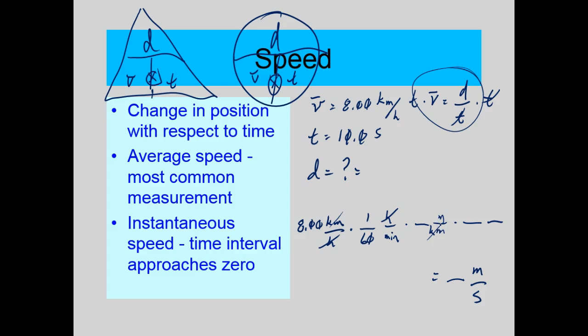Now, does anyone know how many meters in a kilometer or how many kilometers in a meter? You sure should. What does the prefix kilo stand for? Kilo. 1,000. So it'll be 1,000 meters in 1 kilometer. That makes sense, doesn't it?